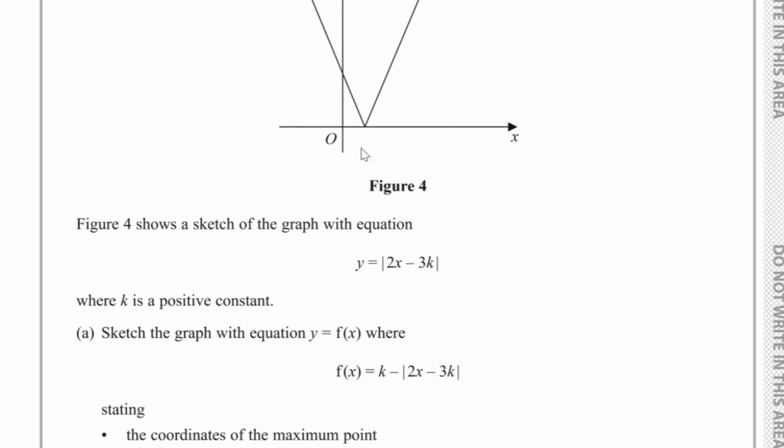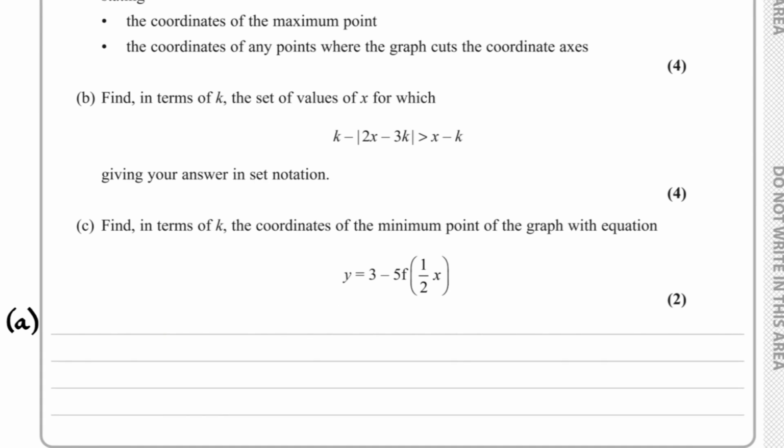Treat it like a quadratic. So the vertex of y equals the mod of 2x minus 3k is 3 over 2 k, 0.